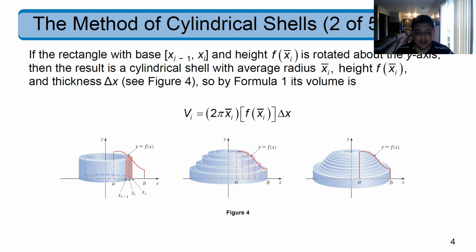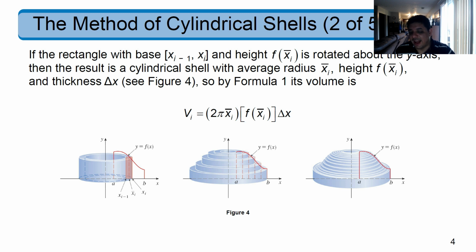We're trying to approximate the whole volume, starting with a single cylindrical shell. Notice that the shell is given by the length of a circle around, the thickness of that circle, and the height, which is given by the function f of x.